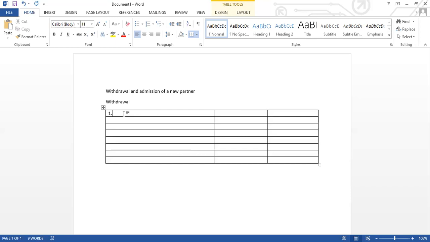What type of account is goodwill? Goodwill is an intangible asset. And what did we say about assets? When assets increase in value, that's kind of like a gain. You made a gain. And a gain is the same as a profit. Therefore, you need to credit your partner's capital accounts. Are we together? Do we understand?